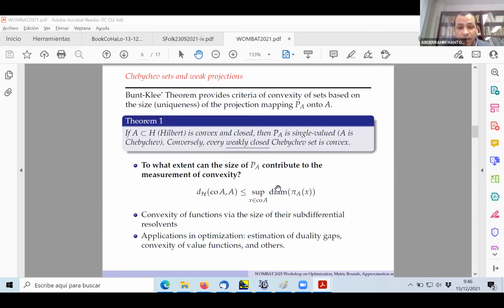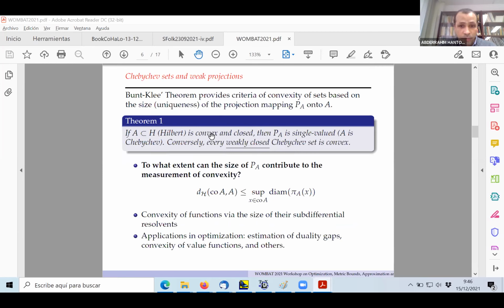Concerning the problem of the projection, actually in optimization and variational analysis, there is a very interesting problem called the Klee conjecture, which says the following. Consider that we have a closed set A in Hilbert space.